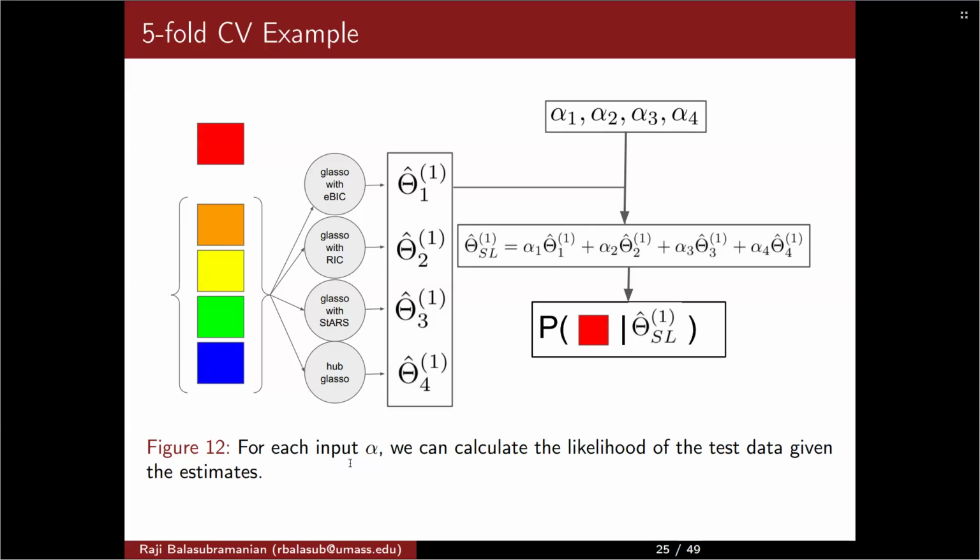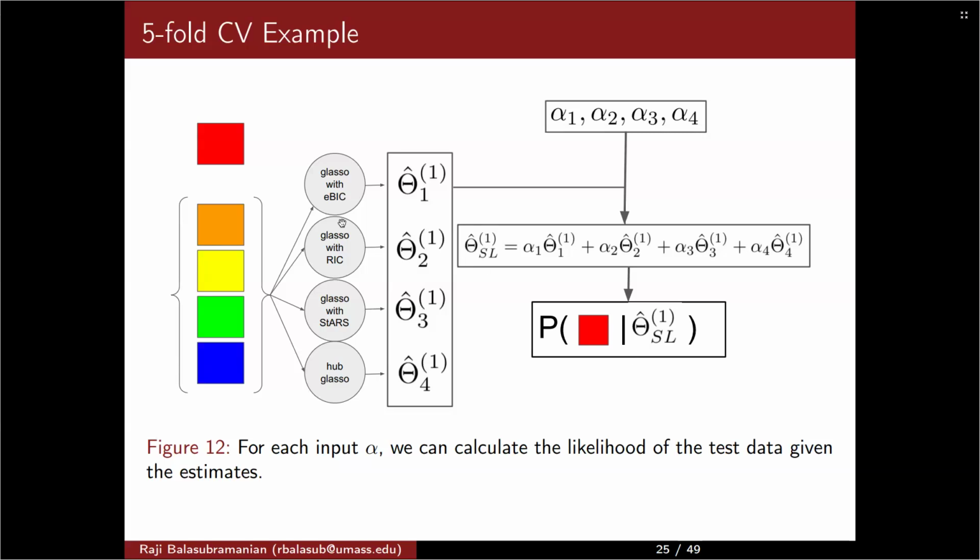To come up with the best guess for alpha, we write out the log likelihood of the test data set, the data set that is shown here in red, where the true parameter theta matrix is estimated by our superlearner, expressed as this weighted linear combination.